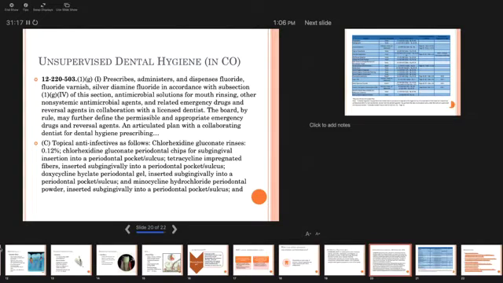And if we look down at this long list, we have chlorhexidine gluconate rinses, chlorhexidine gluconate periodontal chips, that's the perio chip, tetracycline impregnated fibers, there's your Atridox, doxycycline hyclate periodontal gel, we just talked about that one, and minocycline hydrochloride periodontal powder, which is Arestin.